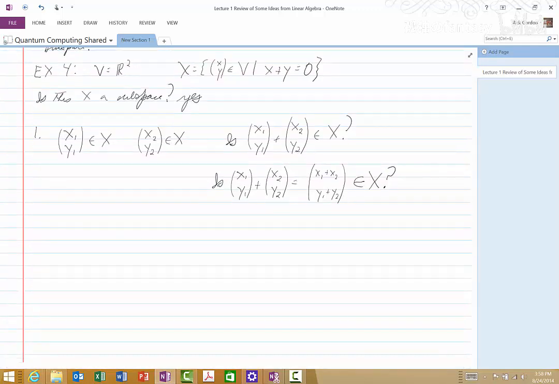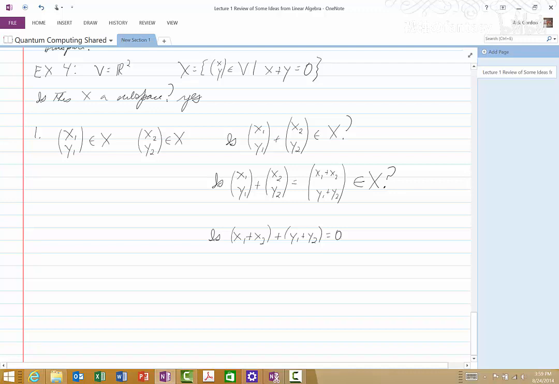So this question is the same as saying, is x1 plus x2, the first component of the vector, plus y1 plus y2 equal to 0? If so, then the answer to this question is yes. If not, then the answer is no.